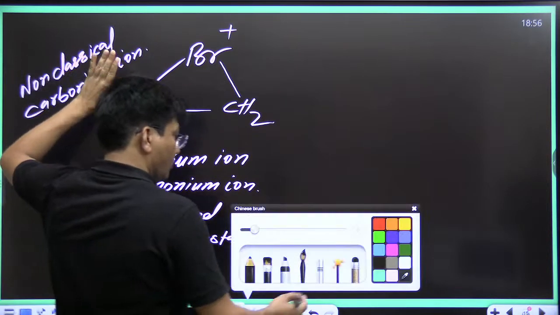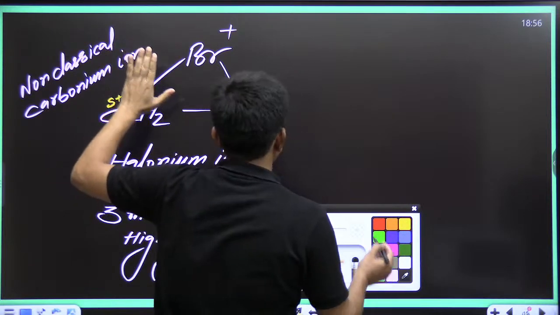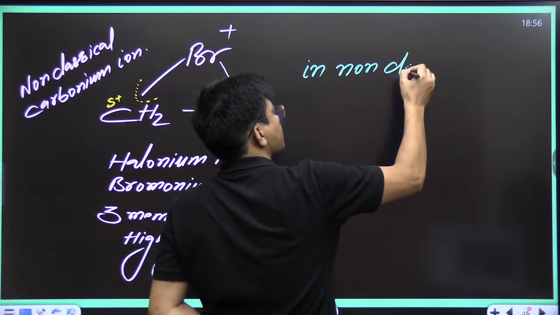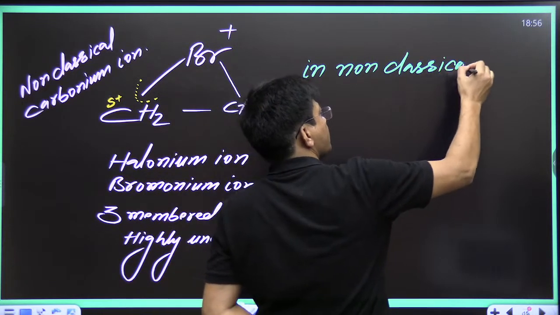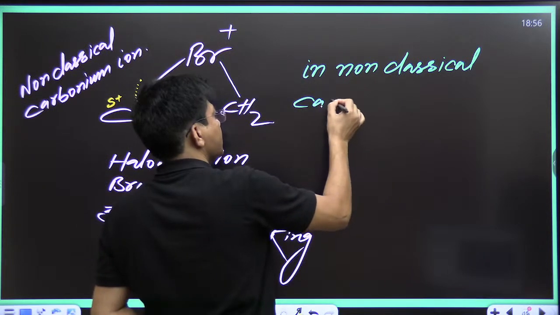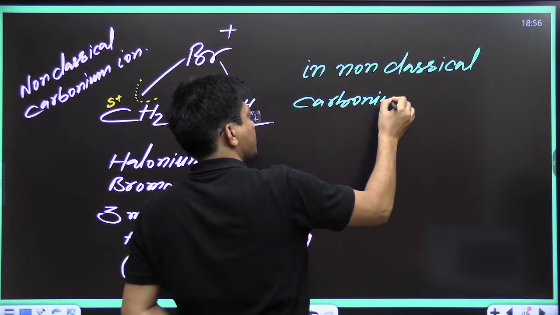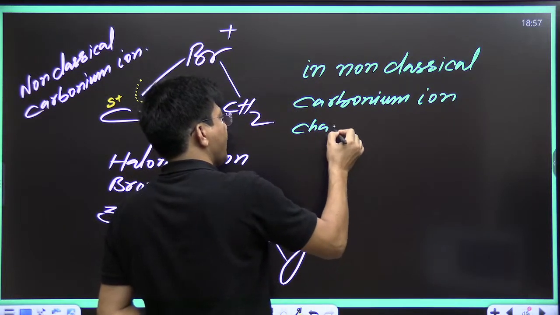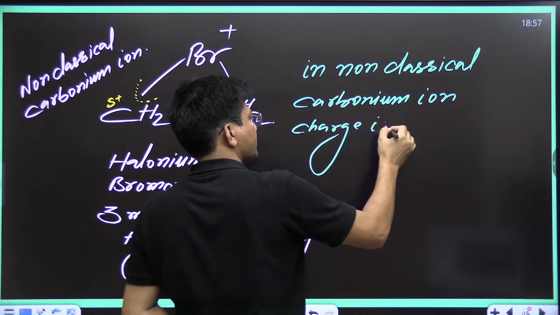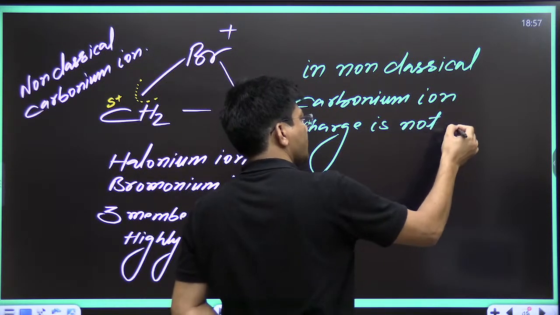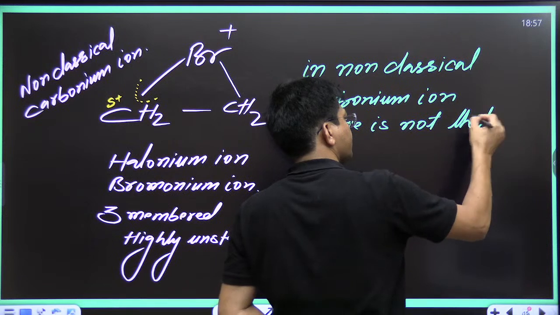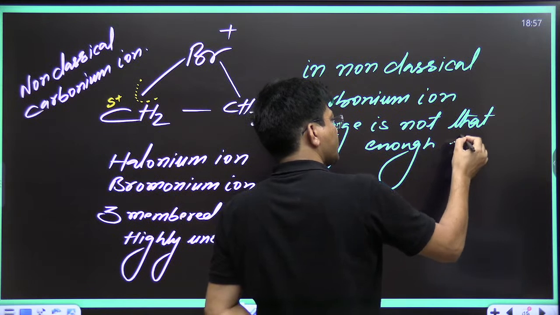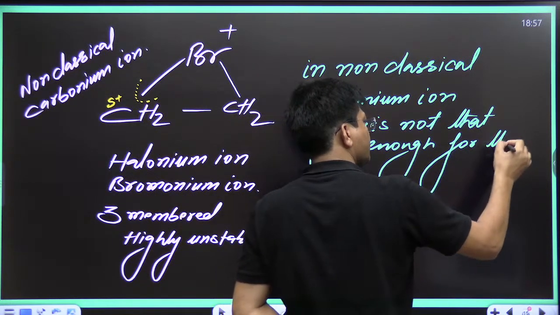So let me write down: in non-classical carbocation, in non-classical carbonium ion, the charge is not enough for the rearrangement to take place.